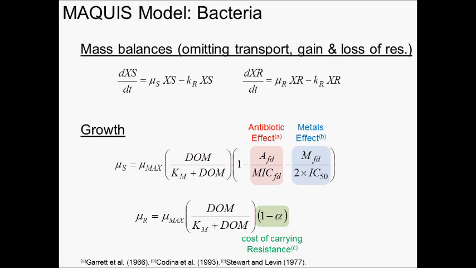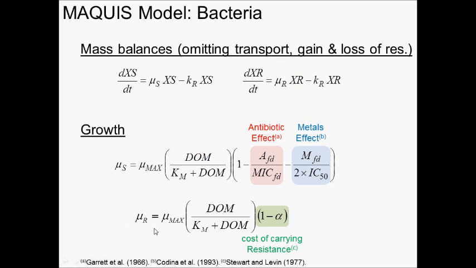For metals, we quantify the toxicity using an IC50. When the concentration is at the IC50, the growth rate is at 50%. But again, the effect is linear, so essentially the MIC is equivalent to 2 times the IC50. So that's the growth rate for the susceptible bacteria.